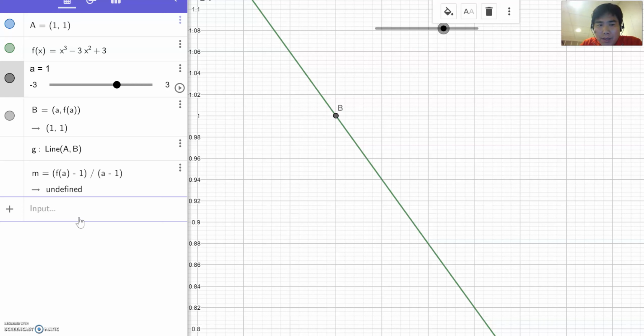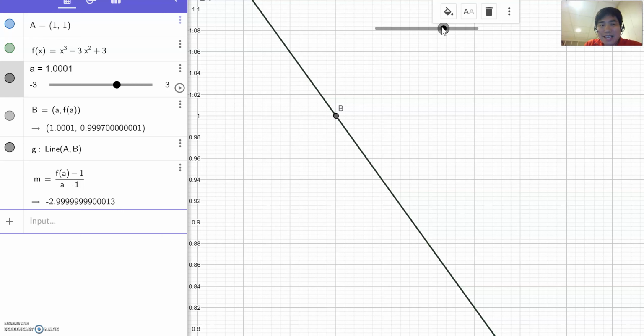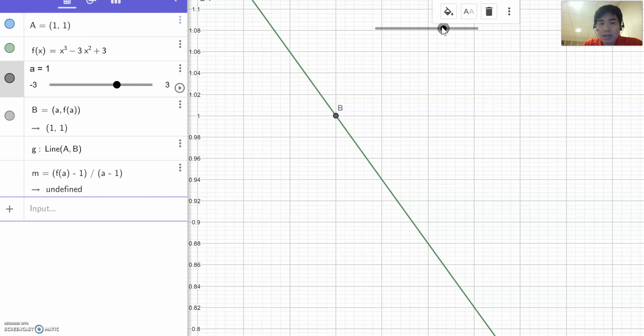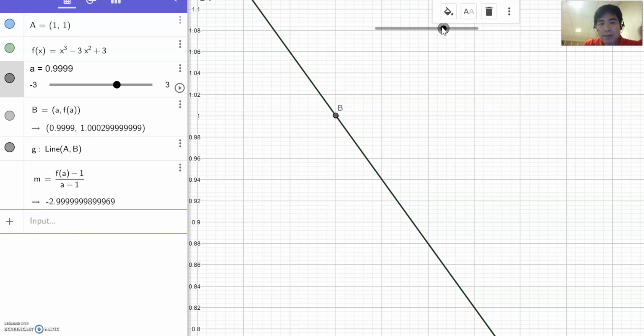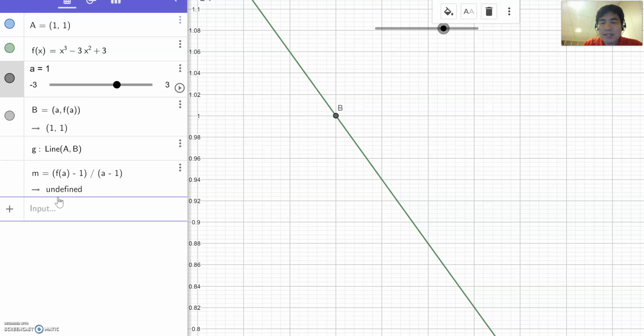If I make a very small gap again, moving a little bit to the right, we have a slope of almost -3, but just making it exactly 1, then it is undefined. Even on the left side, I can make it just a little bit smaller than 1, then we can find the slope, but not at exactly the same position.